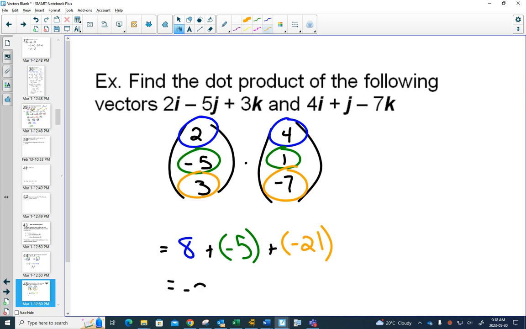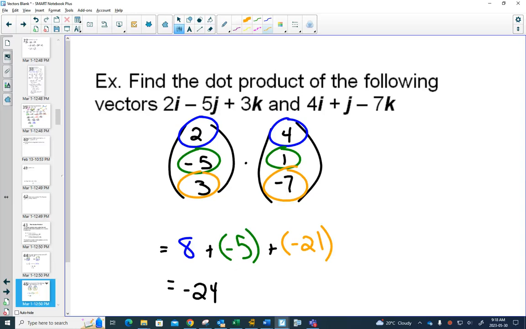And add these together. And you get -24. So again, it seems kind of arbitrary, like someone's making up new rules.